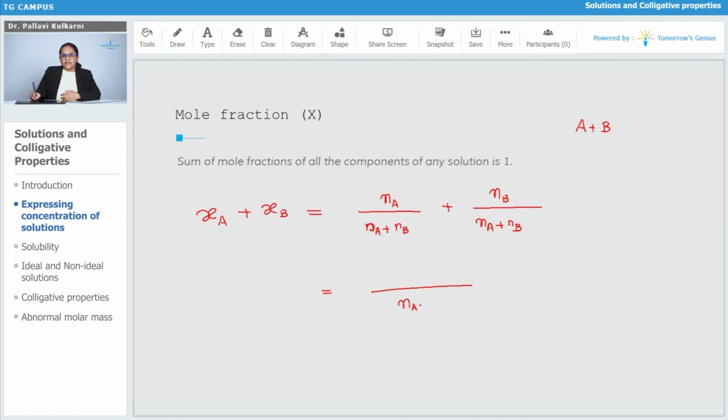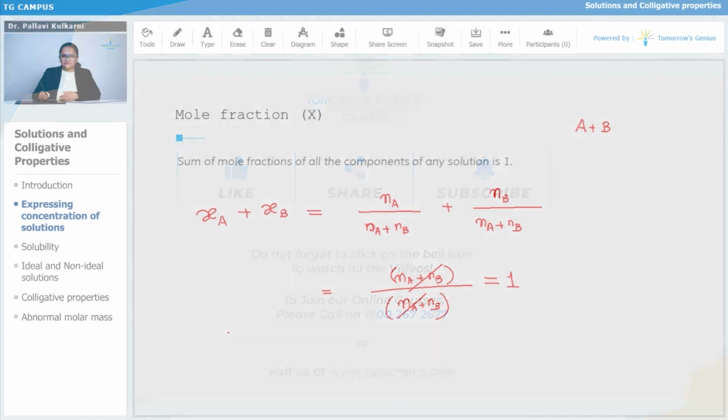Therefore I can take it common like this, and I can add the numerator values, that is Na plus Nb. So both these things are the same, so they will cancel out and the answer will be equal to 1. This is true not only for a binary solution but for any type of solution. The sum of mole fractions of all components in a solution is always equal to 1.